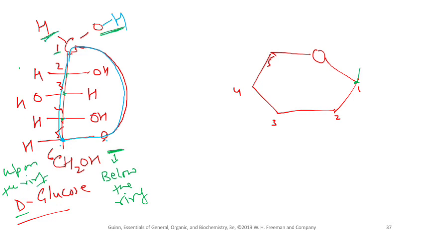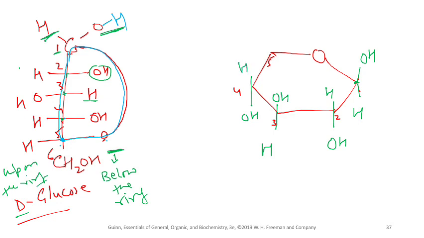So this OH you can put on the top, hydrogen on the bottom, or you can flip, vice versa. On the second carbon, OH on the right hand side below the ring, hydrogen on the top. On the third, hydrogen on the right below the ring, OH on the top. On the fourth, OH on the right below the ring, hydrogen on the top.